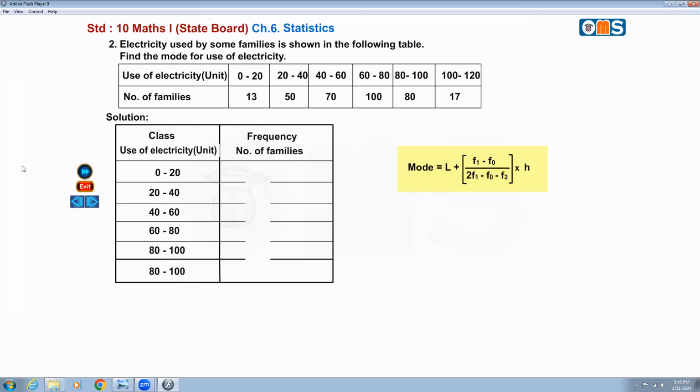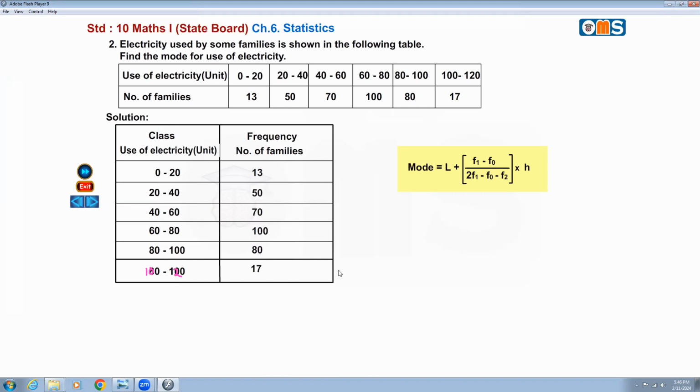Here 120 is necessary, no printing mistake. Okay. Number of families you have to write: 13, 50, 70, 100, 80, 70.